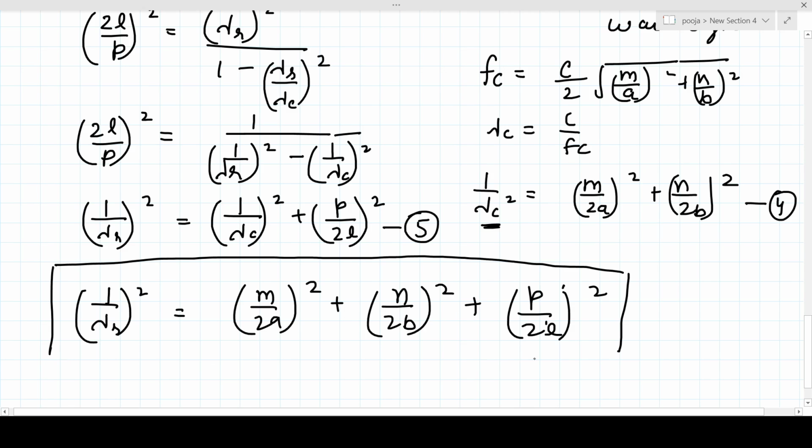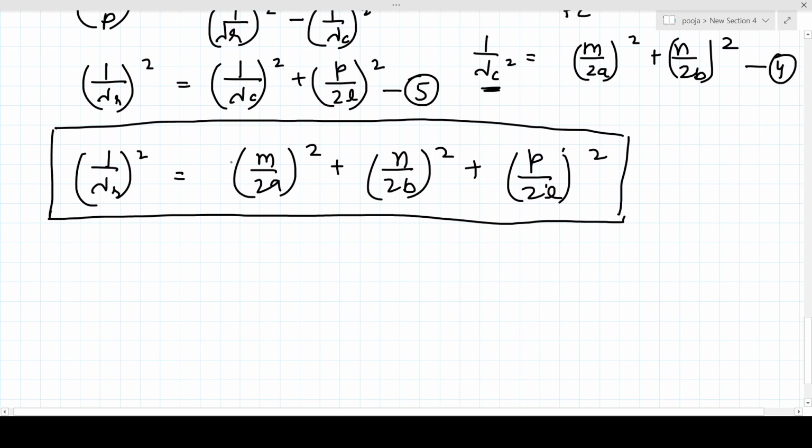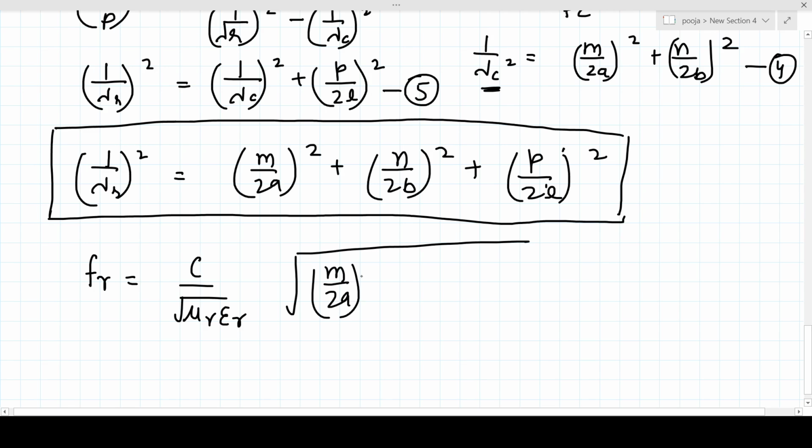By using lambda equal to c by f, we define the equation for resonant frequency, which is c by under root mu r epsilon r times under root m by 2a whole square plus n by 2b whole square plus p by 2L whole square.